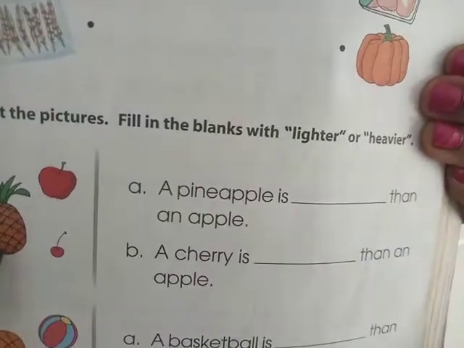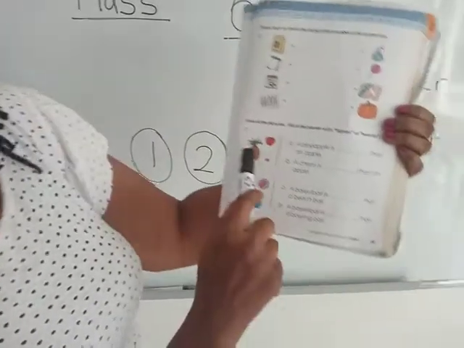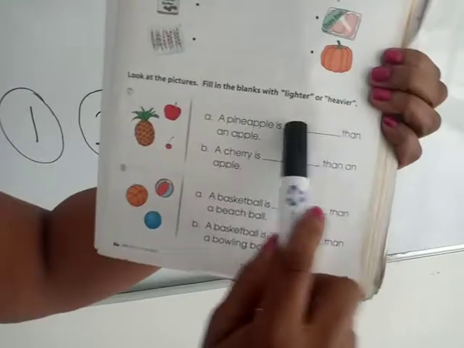A says a pineapple is dash than an apple. So here you're comparing a pineapple and an apple. Is a pineapple lighter than an apple, or is a pineapple heavier than an apple? Of course, when you feel a pineapple and an apple, the pineapple is heavier than the apple. So I'm going to write the word heavier in here.